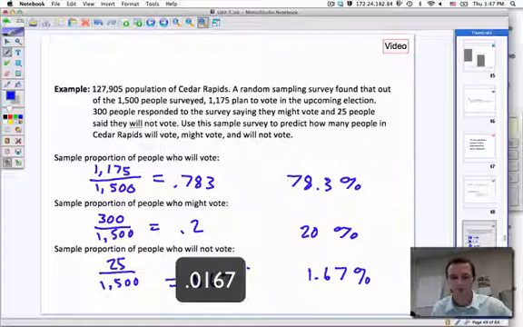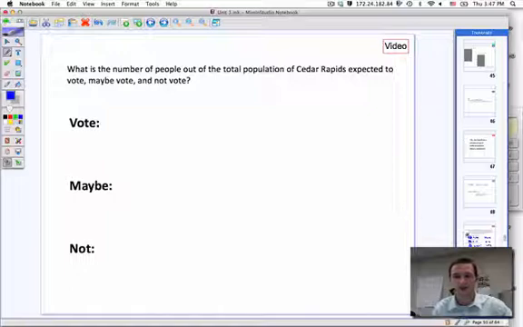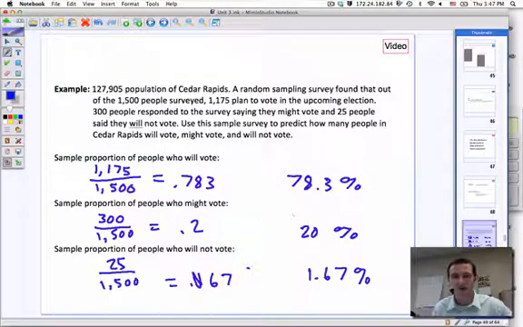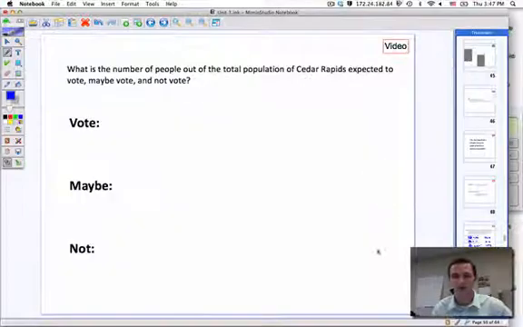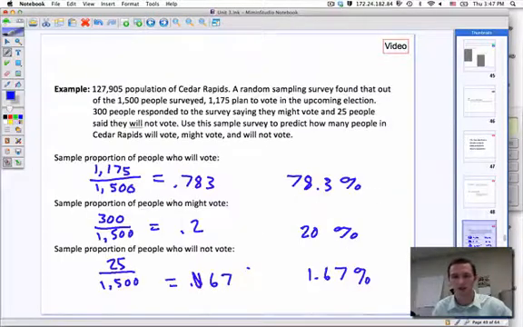So we'll look back at here. The total population, if we want to make a prediction about how many people in the total population might vote, we'll take our 78.3%, or our 0.783, and multiply that by the total population of Cedar Rapids.